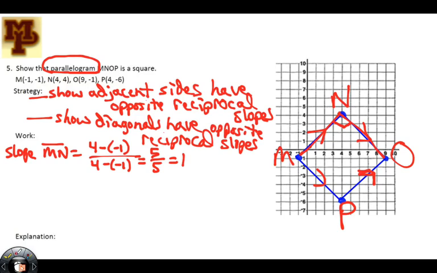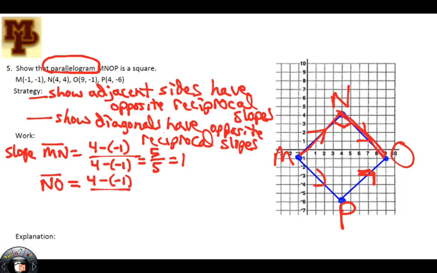And then let's do NO as well, and let's see if that slope is an opposite reciprocal. So NO, we're going to subtract the y's, so that would be 4 minus a negative 1.